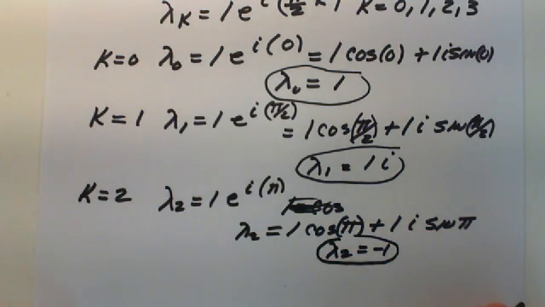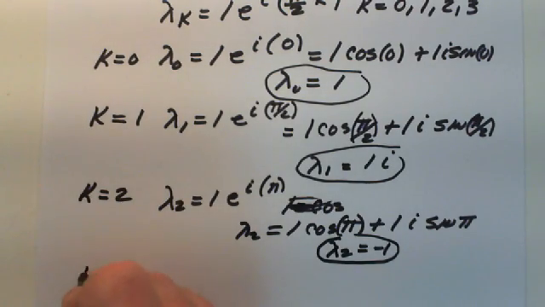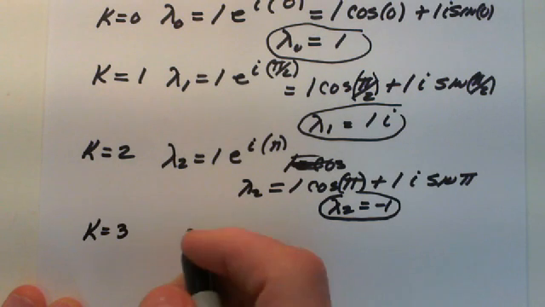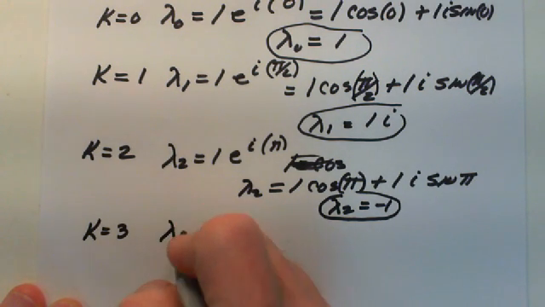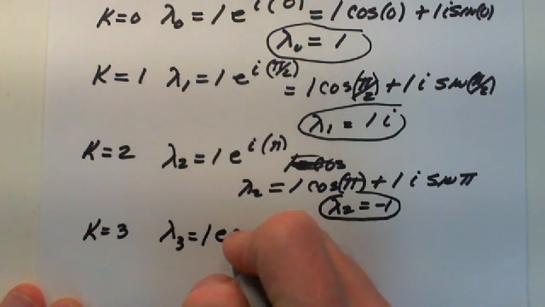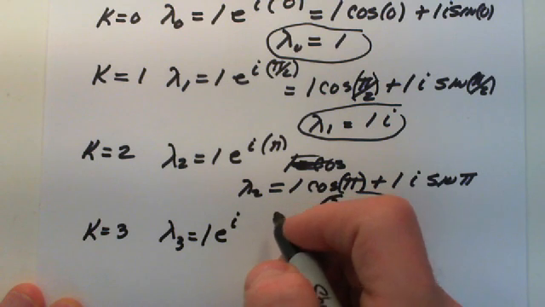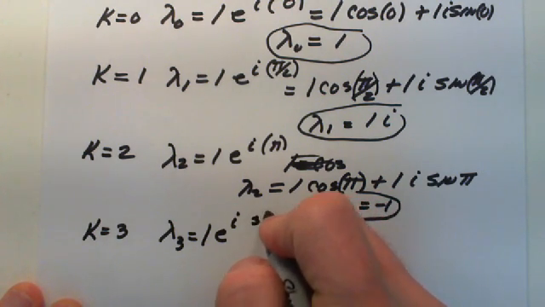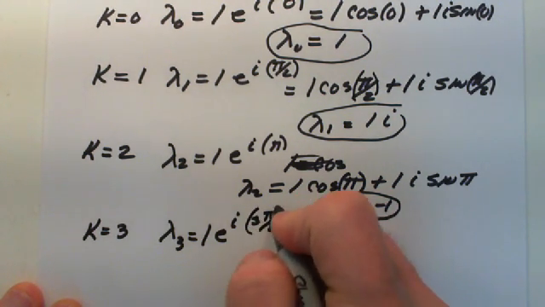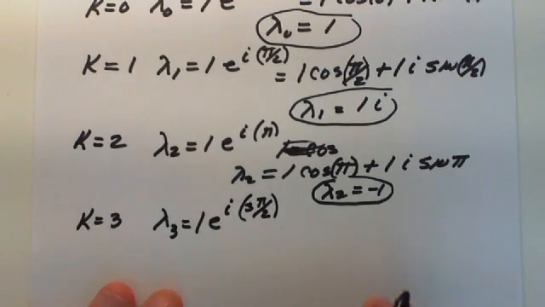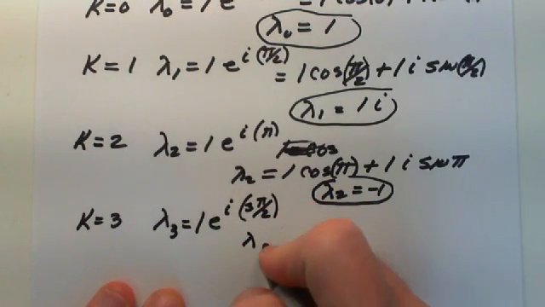Alright, we almost got this nailed. We got one more to go. We have k equal to 3. So when k is equal to 3, lambda 3 is going to equal 1 e to the i of 3, what is that going to give me? 3 pi over 2. We go ahead and solve for that in terms of polar.